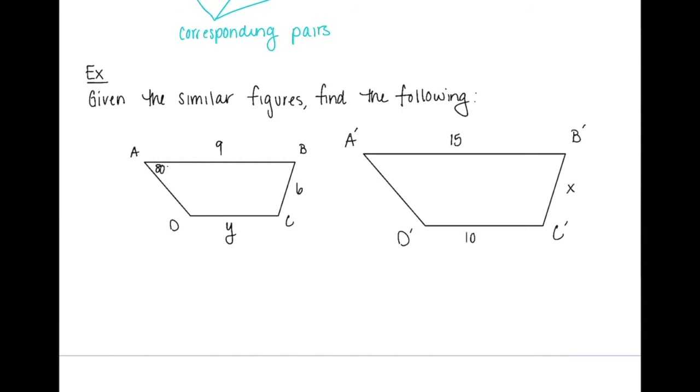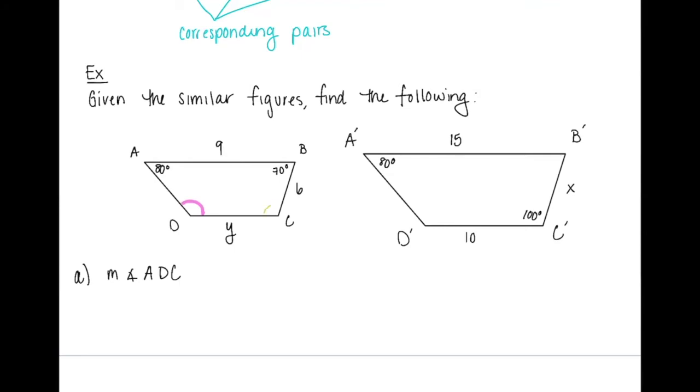This angle is 80 degrees. This angle is 70 degrees. This one is 80, and this one is 100. First thing we're going to do is find the measurement of angle ABC. And that's going to be this angle right here.